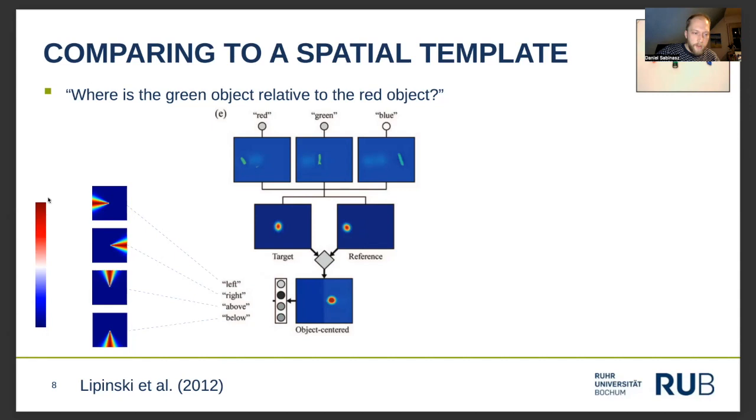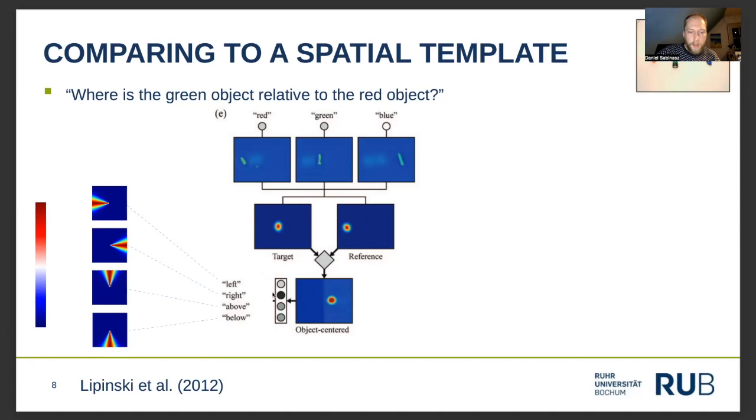So this is the color code. This means high synaptic weight. This means low synaptic weight. And in effect, what this does is, if a peak in the object-centered field matches this spatial template well, then there's a lot of input to the concept node. And if it doesn't match it well, then there's less input.